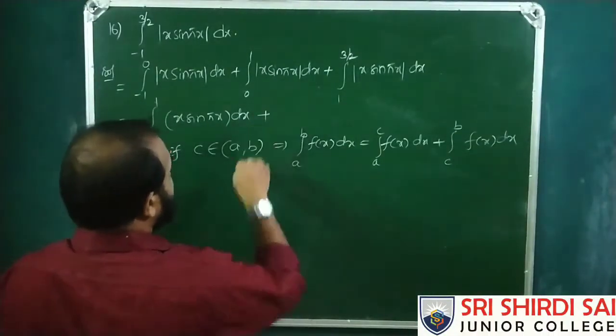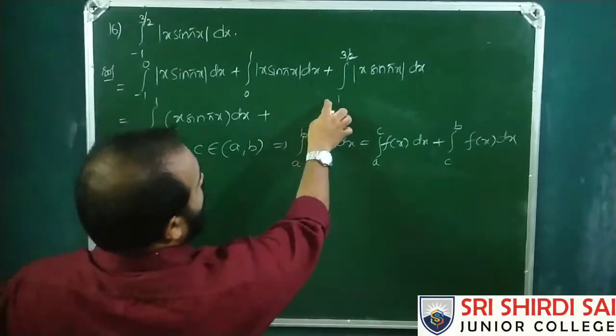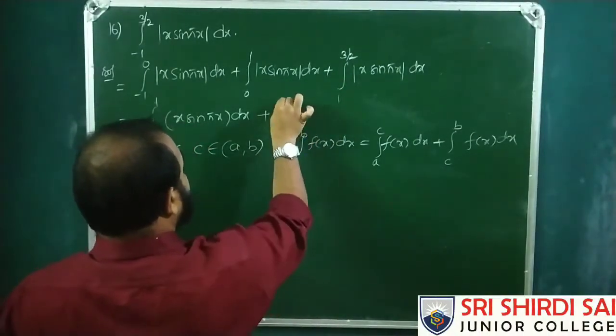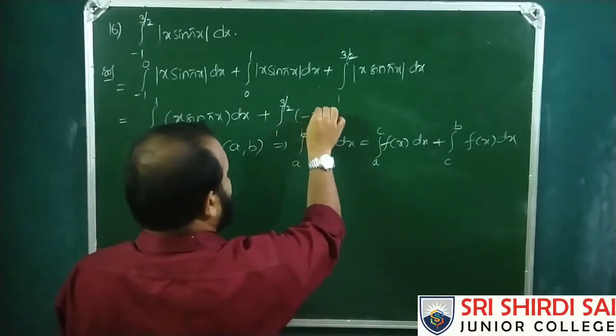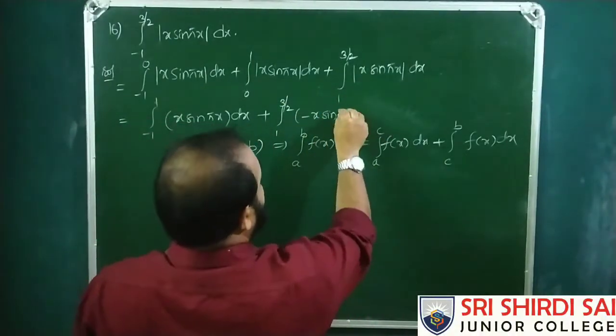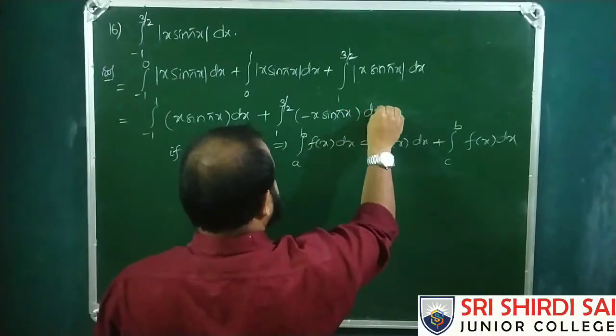Plus, from 1 to 3 by 2, this value is negative that we have seen already, so minus x sine pi x dx.